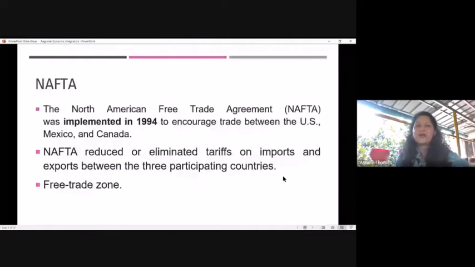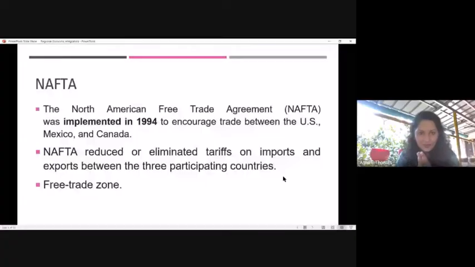Some of the countries specialize in manufacturing raw materials, the assembling happens in one of these places, and these three together sell it to the world economies. So likewise, it's an established trade relationship, and it's actually a free trade zone. Free trade zone means little or almost nil external tariffs. There are no taxes or extra tariffs for the trade happening between these three nations. So that is NAFTA. Okay.